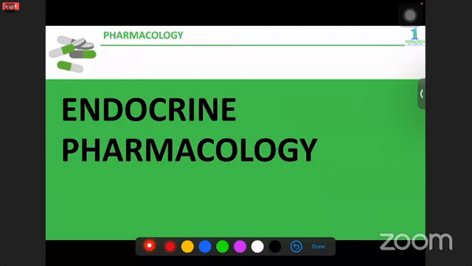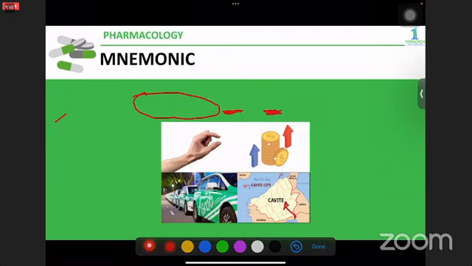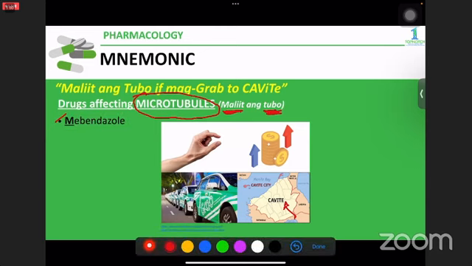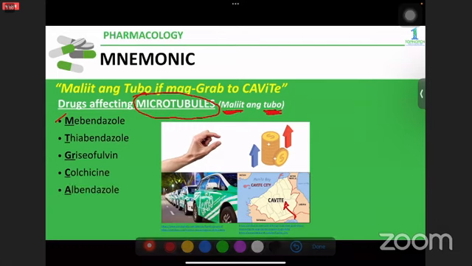Mebendazole, thiabendazole, these are anti-helminthics, diba kanina? Griseofulvin, antifungal. Colchicine, so for gout, no? Albendazole, also anthelmintic. Then, your Vinca and Taxane are chemo. So, tignan nyo.